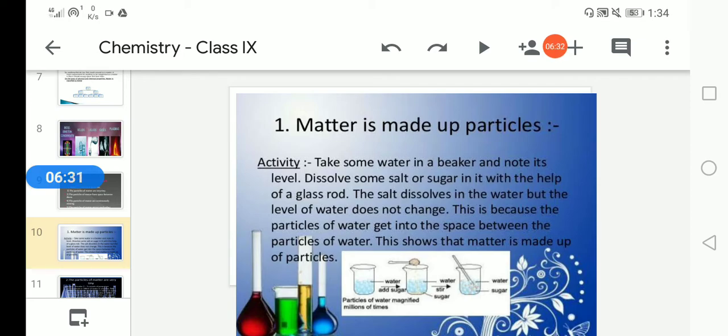Where does this salt go? This salt gets into the space between the particles of matter. Since matter is made up of particles, salt could enter into the space between water particles. That's all about the first property: matter is made up of particles.